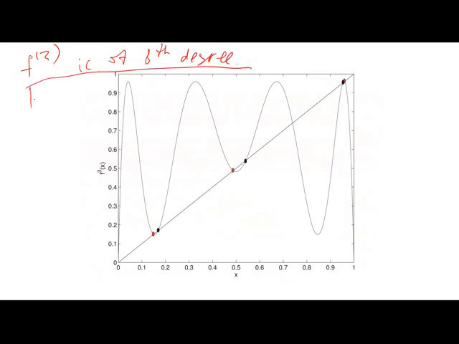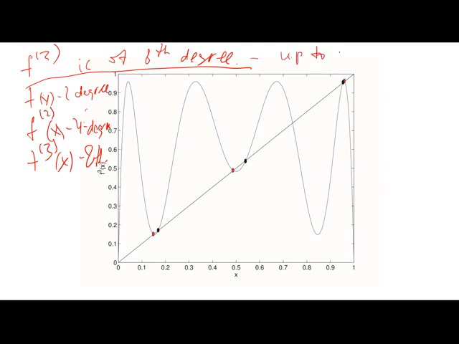Again, f is 2nd degree, it's quadratic, f^2 is 4th degree, and f^3 is 8th. Every next time it will be doubled. And this means that this will have up to 8 roots.